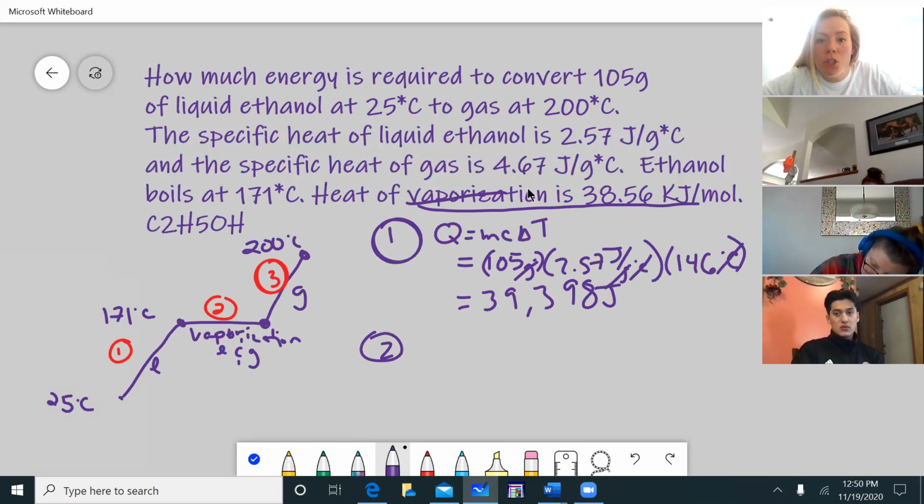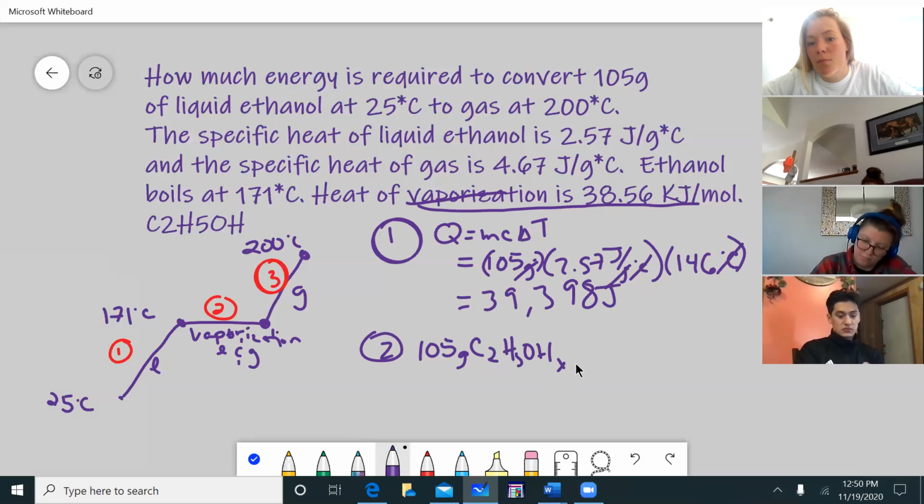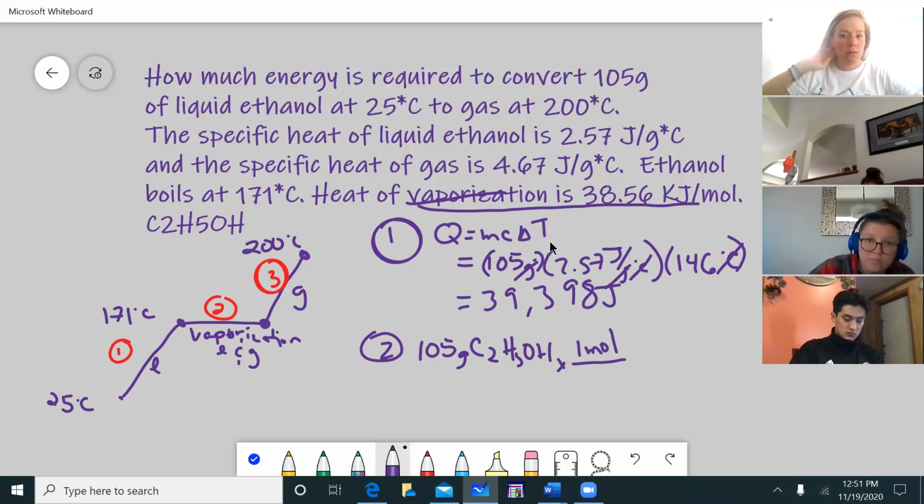So I know how much I have: 105 grams of this ethanol, C2H5OH. But if you notice, my energy is related to moles in this. So I need to get out of grams and get this into moles. One mole of C2H5OH is 46 grams.